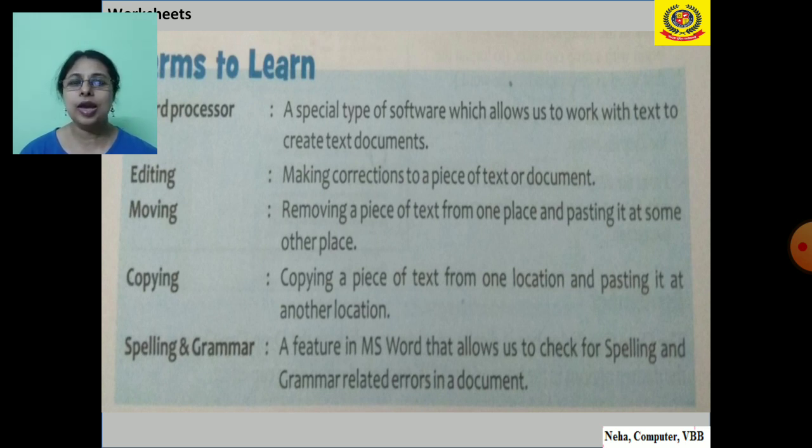We use copy and paste option. Next is spelling and grammar. So this feature helps us to correct the wrong spelling, and if our sentence is grammatically incorrect, it corrects it and makes our document error free.